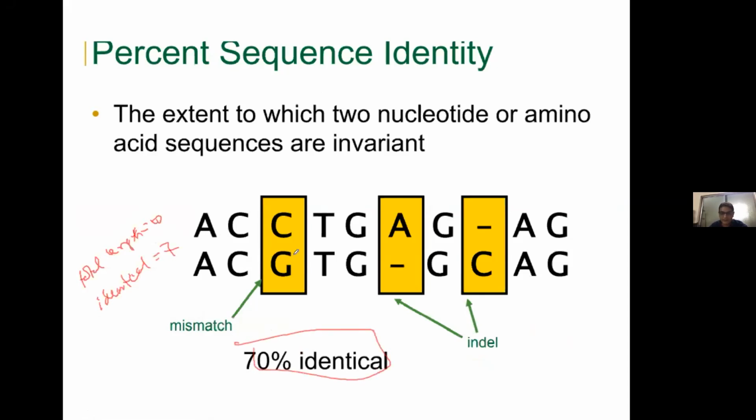And these are what we call indels, the insertion or the deletion. This is the insertion, and this is the deletion for this sequence, and insertion for these sequences. So sometimes you need to put in gaps to properly align the sequences and find the best matching regions within them.